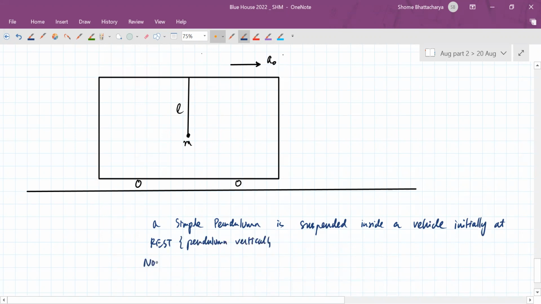And now, suddenly, the vehicle starts to move with uniform horizontal acceleration A naught.